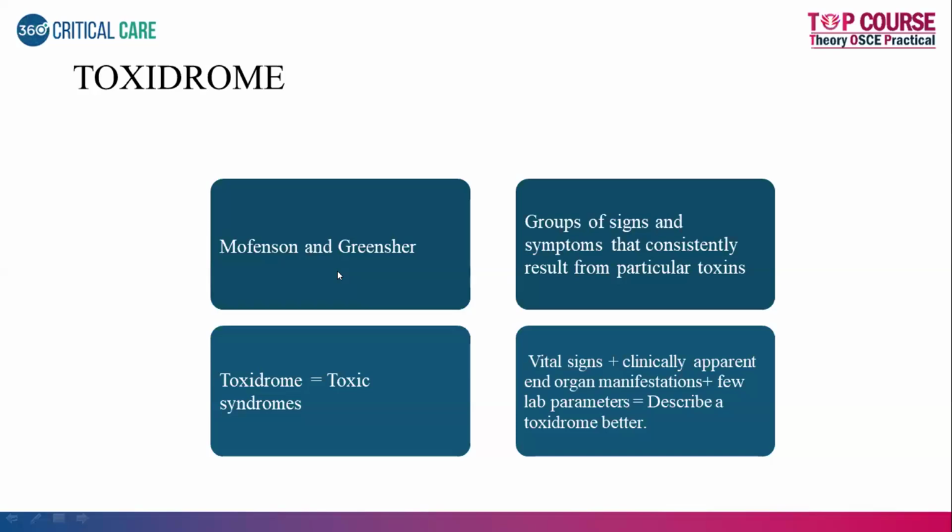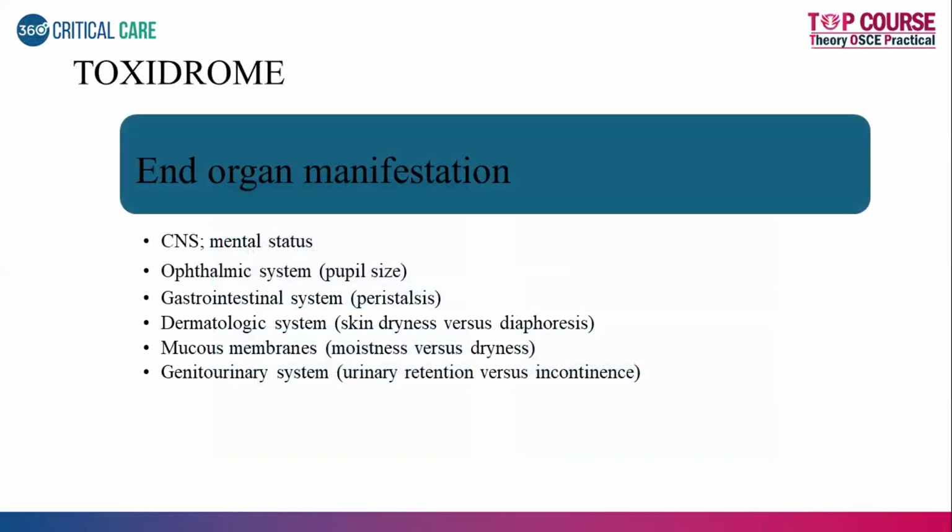To describe a toxidrome better, you should have the vital signs, some end organ manifestations, and even a few lab parameters to tell that yes, this patient has consumed this type of toxin. So what are the end organ manifestations? The first one is your CNS, so we check the mental status of the patient.